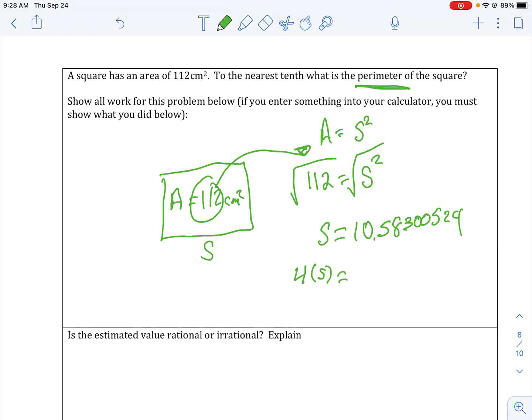So in your calculator, I'm leaving this answer up, and I'm just going to hit times 4 equals, and I get 42.33. Now here's where it says round to the nearest tenth, so I stopped at my hundredth spot right there. That is a 3, which is a 4 or lower, so my tenth spot stays the same, so it is about 42.3 centimeters.